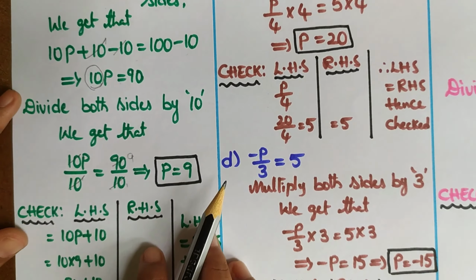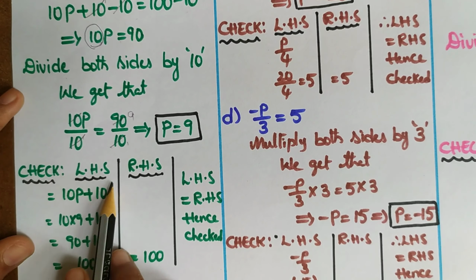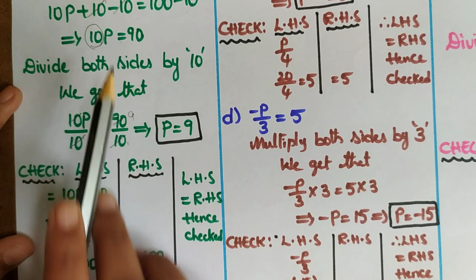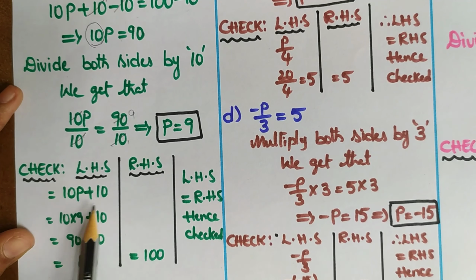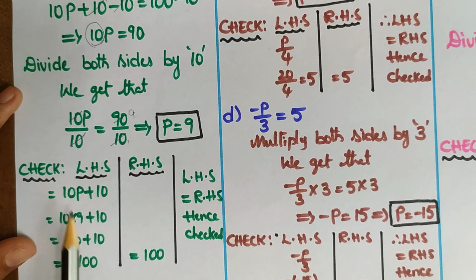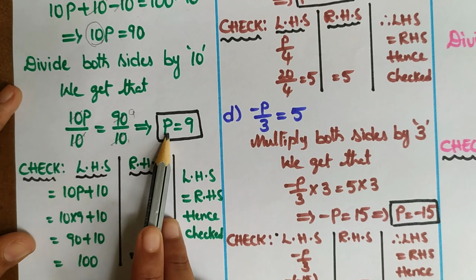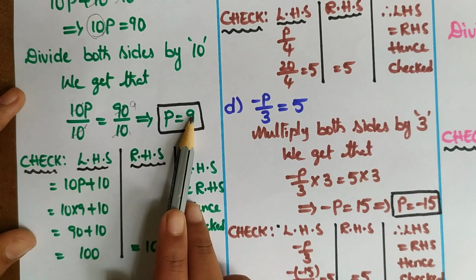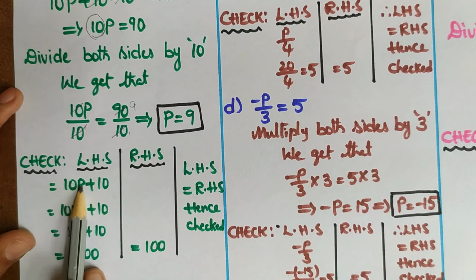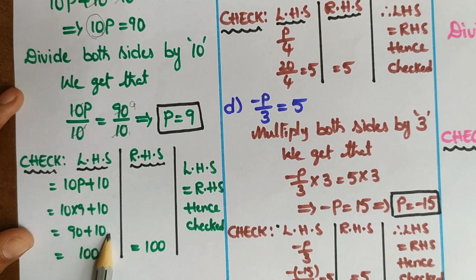Now p equal to 9, let us check. LHS is 10p plus 10, RHS is 100. Now LHS 10p plus 10, where p equal to 9. So it is 10 into 9 plus 10, and 10 into 9 is 90 plus 10. 90 plus 10 is 100.